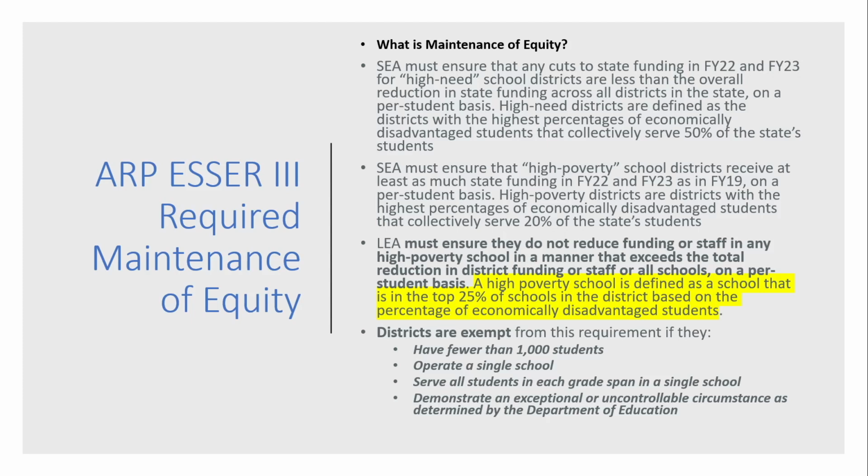And so our concern is because we have so many federal funds now, and our state and local funds are decreasing because we have a declining population, it will be harder for us to maintain this maintenance of effort because we have less local resources to use when we have so much federal funding.